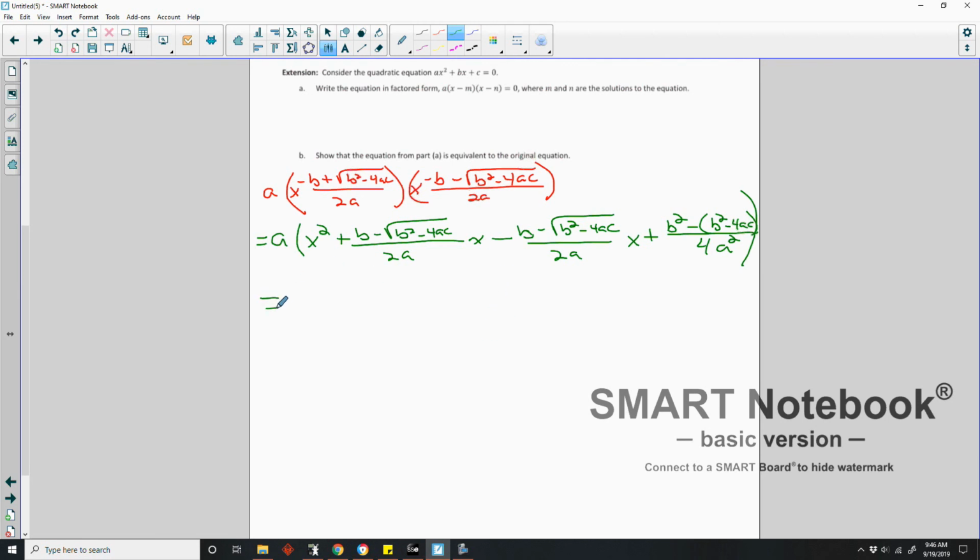So that is going to equal, this is quite lengthy, a times x squared plus, and what's going to happen here? It's these two terms here, all I'm doing is putting these two things in parentheses.